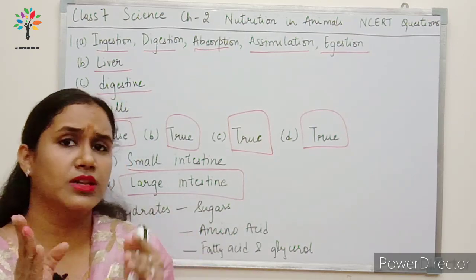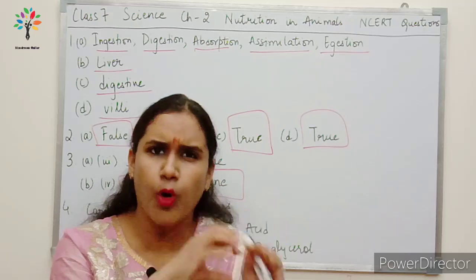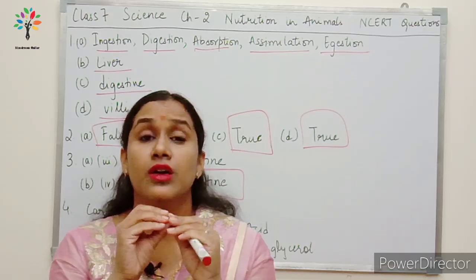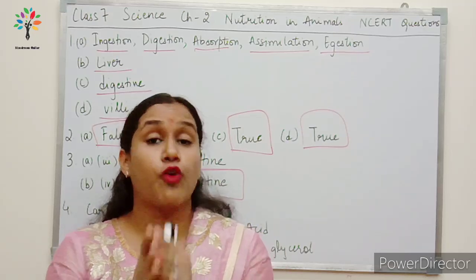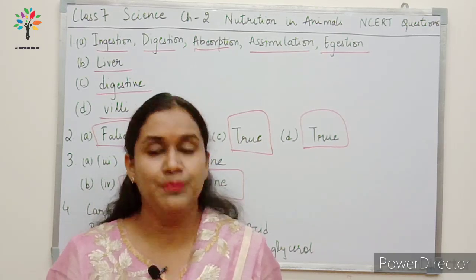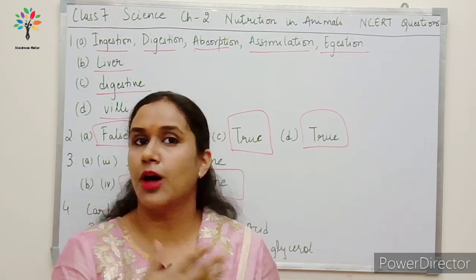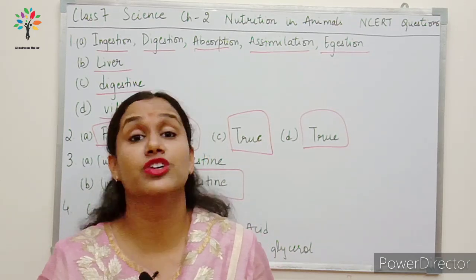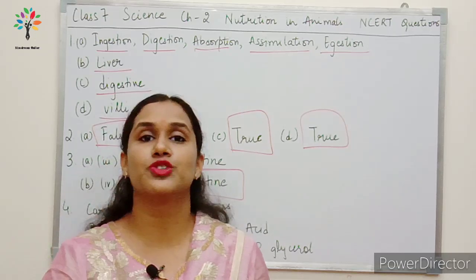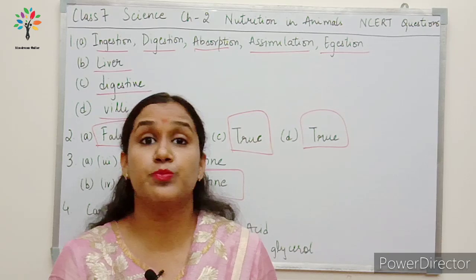If you remember, in the last video I had given you a flow chart also, where all these important small points have been registered so that you can follow it very nicely. You can go through that flow chart again, and from that, the carbohydrates are broken down into sugars, right? So you can match the carbohydrates with sugars. And the next is proteins.